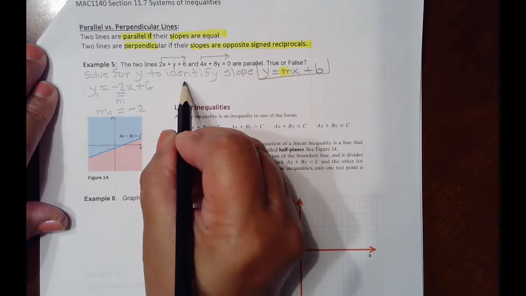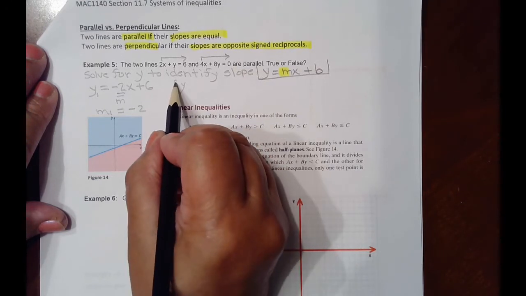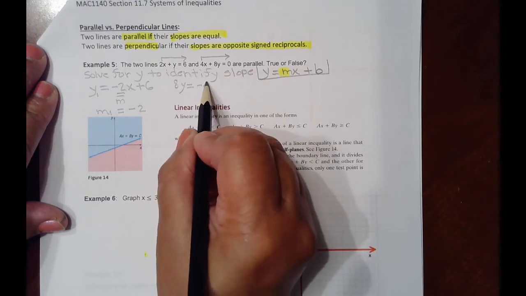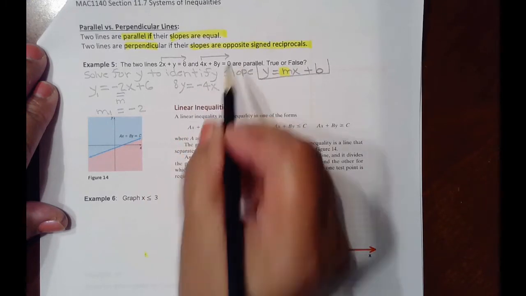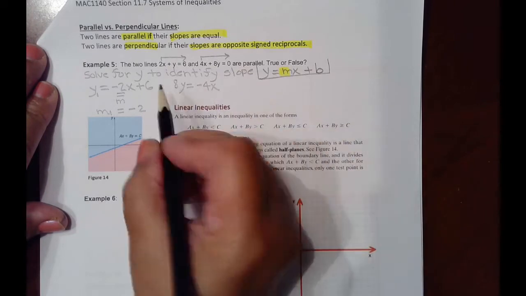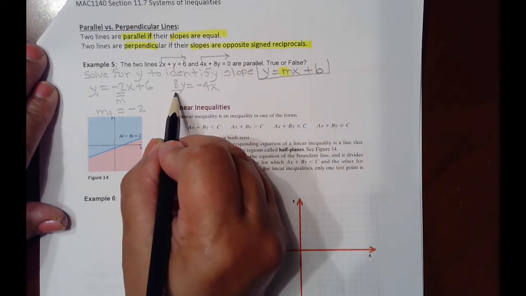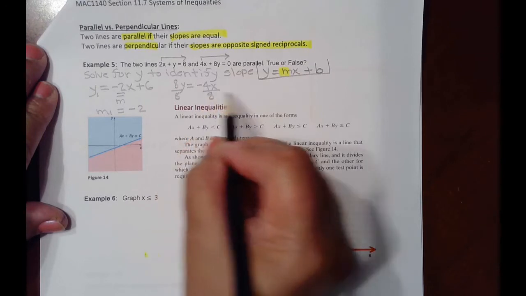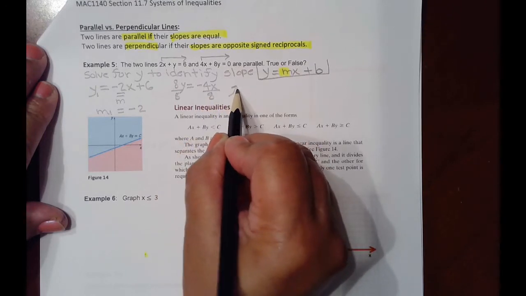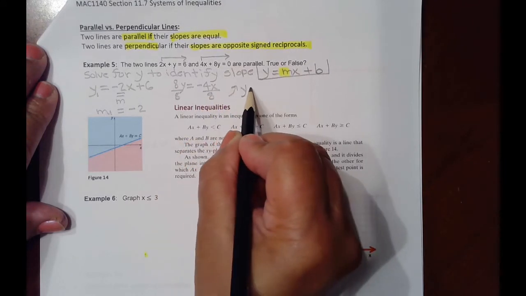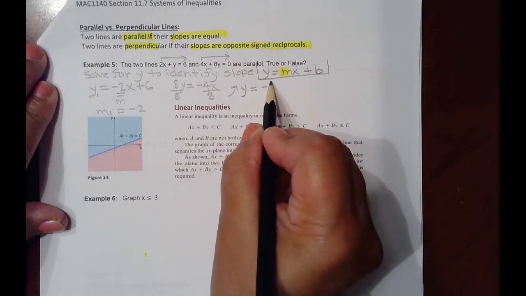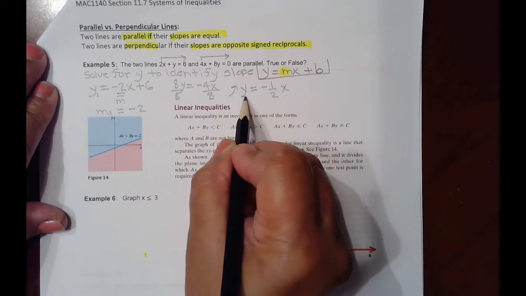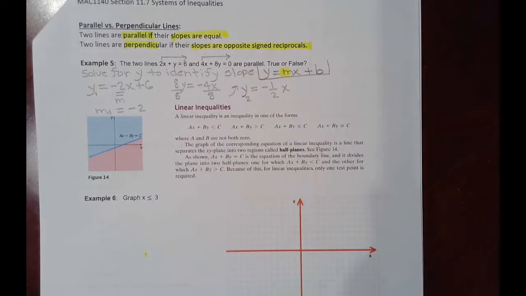That would give me 8y is equal to negative 4x plus the 0 that was there, so I could just write it as negative 4x, and then I can divide by 8, and I would end up having y is equal to negative 1/2 x. And this would be for my other line. I'll just call it y sub 2.